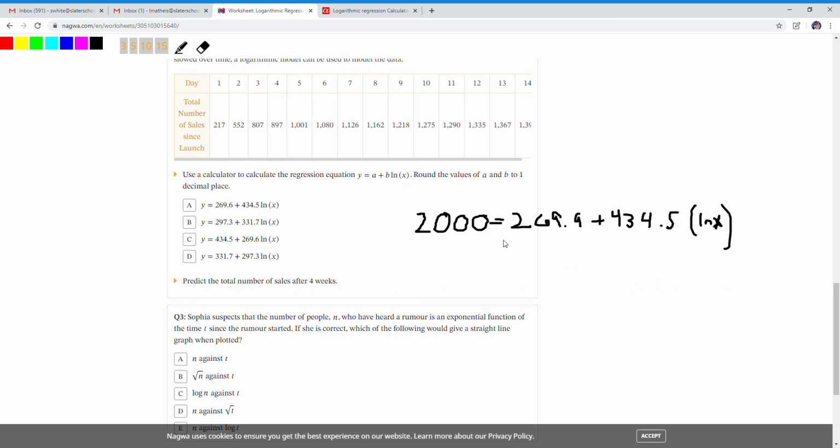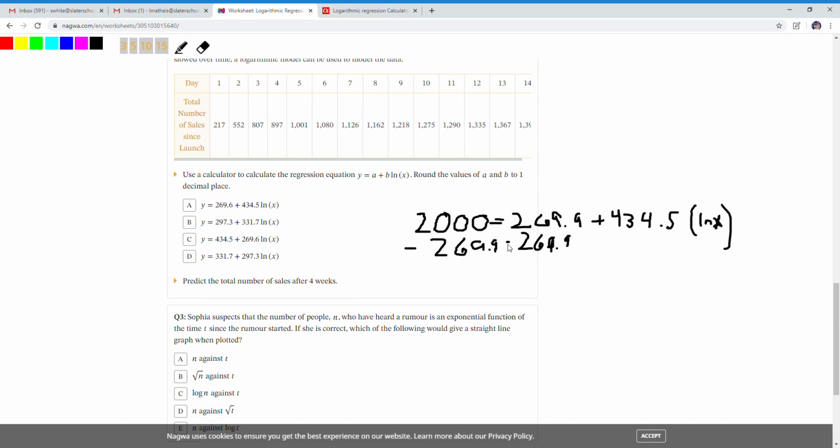So to do this, we again have two different things we have to move. We have to move this 269.9 and this 434.5. We want to get rid of the 269.9 first because it is adding, and that's going to come first in our opposite order of operations, as I like to call it.